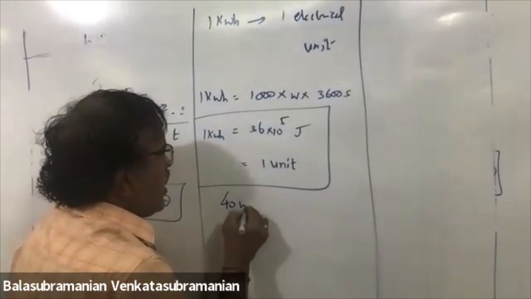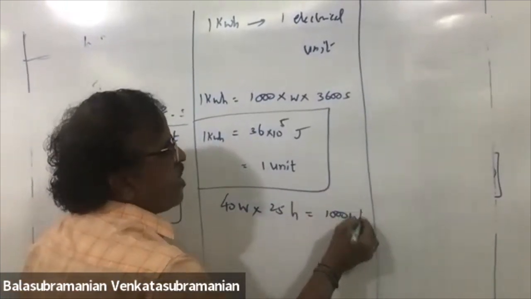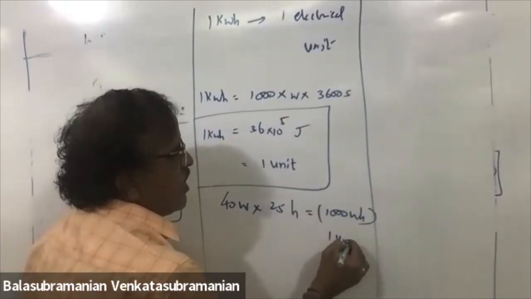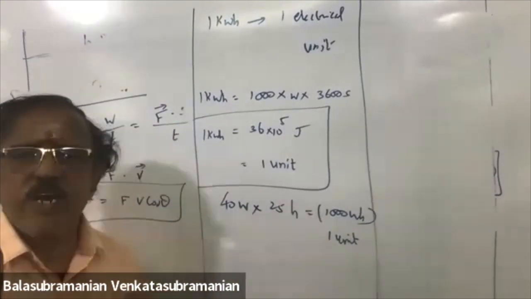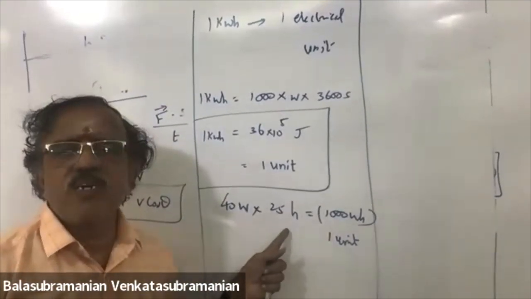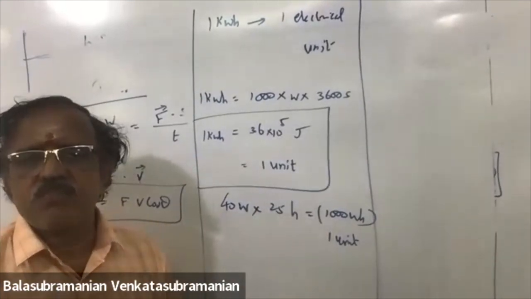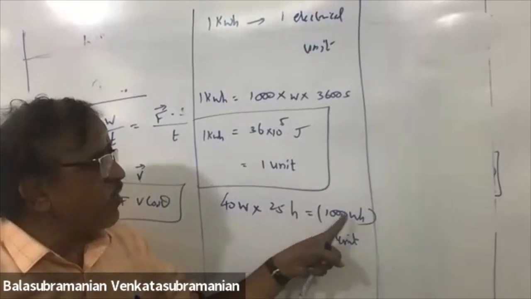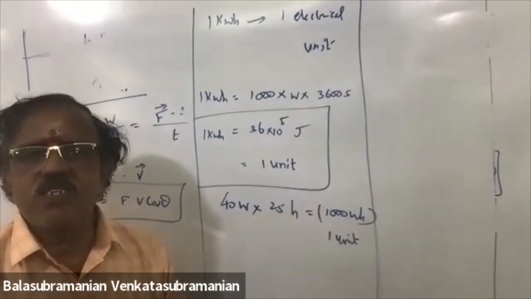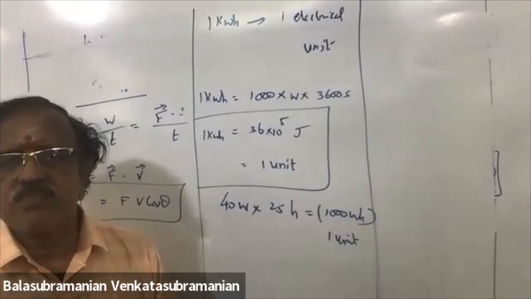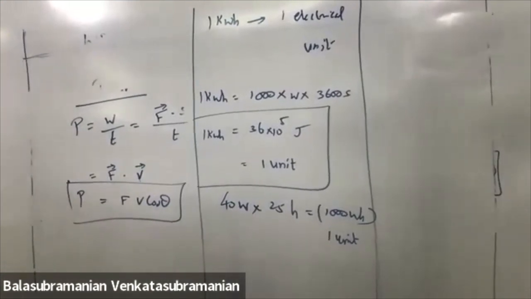A 40 watts tube light burning for 25 hours gives 1000 watt hour. So 1 unit. That's all. Like that, for any appliance you can calculate, provided you know how many hours it is burned and the power of that particular unit. Multiply; 1000 watt hour means 1 unit. Depending upon your consumption, units will change. Correct? Fine.